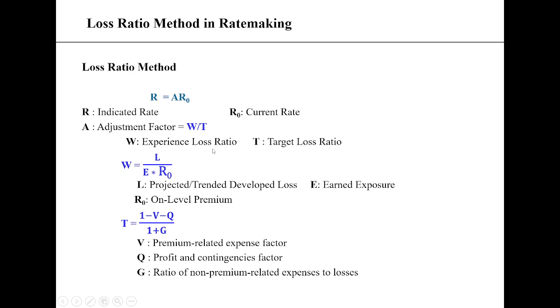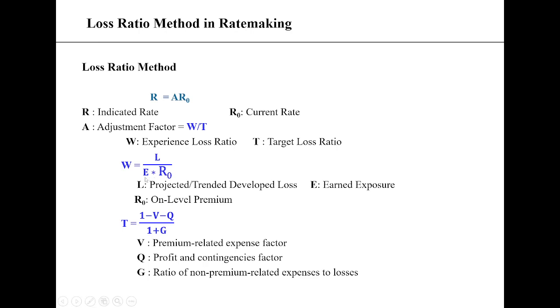For the experience loss ratio, the top one is the projected, trended, developed loss. Projected and developed is a repeated expression, but you can think of it as ultimate.